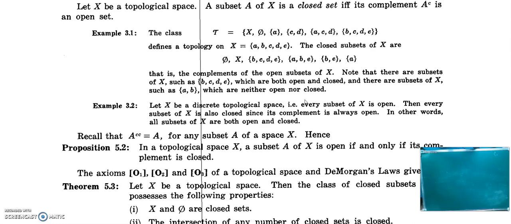So let's have another example here. Let's have the discrete topological space.